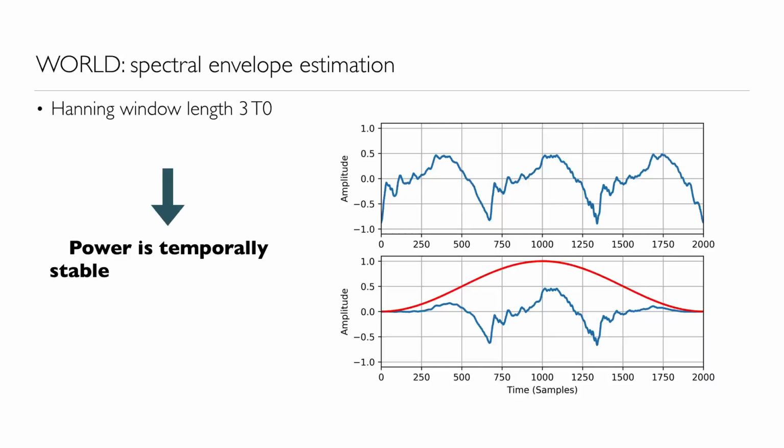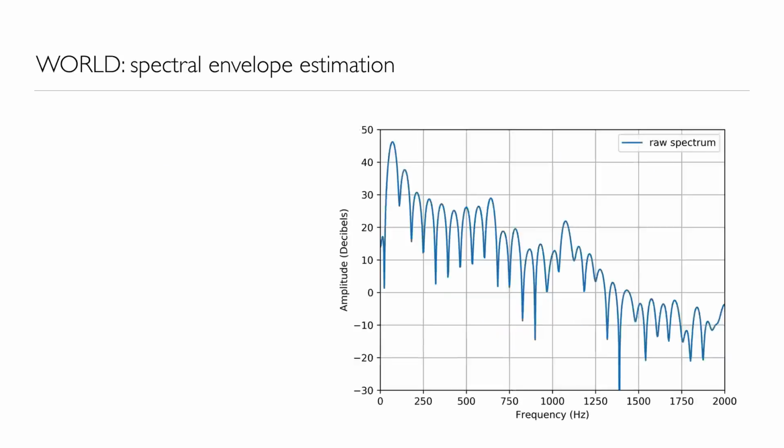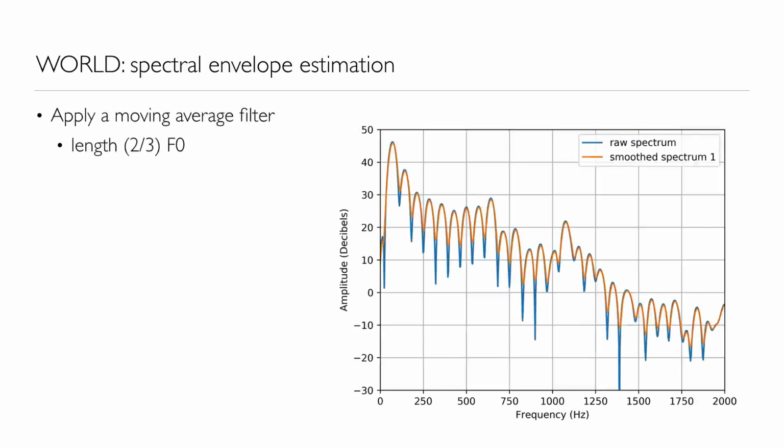Each one of these chunks, which we call frames, is multiplied by a Hanning window, as you see in the example. That's the first step. Then we compute the magnitude spectrum using just the FFT, a normal operation. And in the next step, we smooth this magnitude spectrum to get rid of the spikes that go to negative numbers.